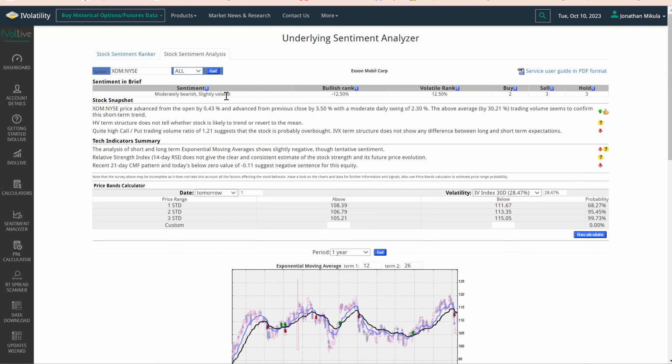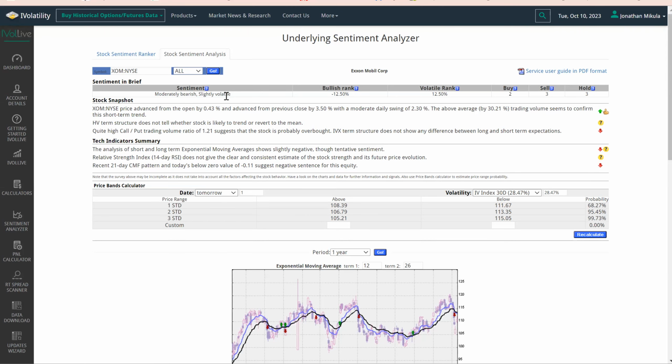Absolutely bullish and absolutely bearish are fine if you like to trade extremes, but I'm more of an intermediate term, reversion to the mean trader. So if it was 100% bullish, I would tend to take the other side, and if it was 100% bearish, I would tend to go bullish. That's just the contrarian in me, but it's helpful to know where those fall. At negative 12.5, Exxon is not on either extreme.